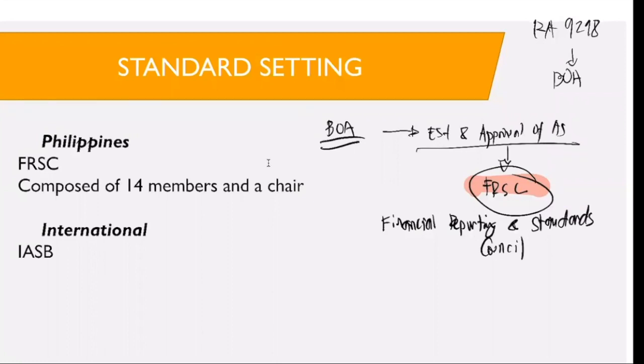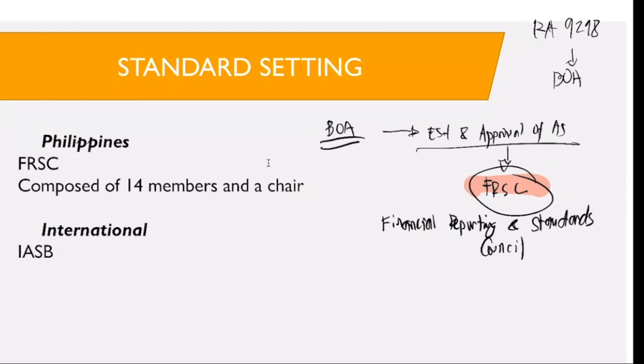So again, RA 9298, which is the law that governs the practice of accountancy here in the Philippines, created the Board of Accountancy. Now, the Board of Accountancy created the Financial Reporting and Standards Council, which is now tasked with the establishment and approval of accounting standards here in the Philippines.